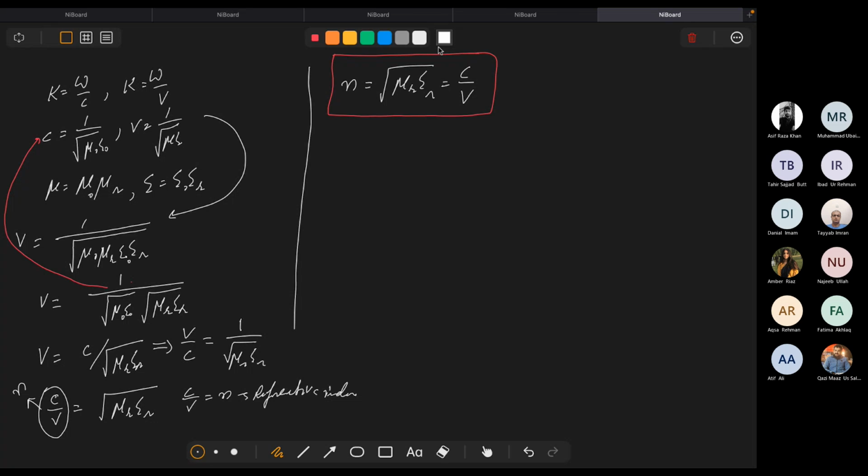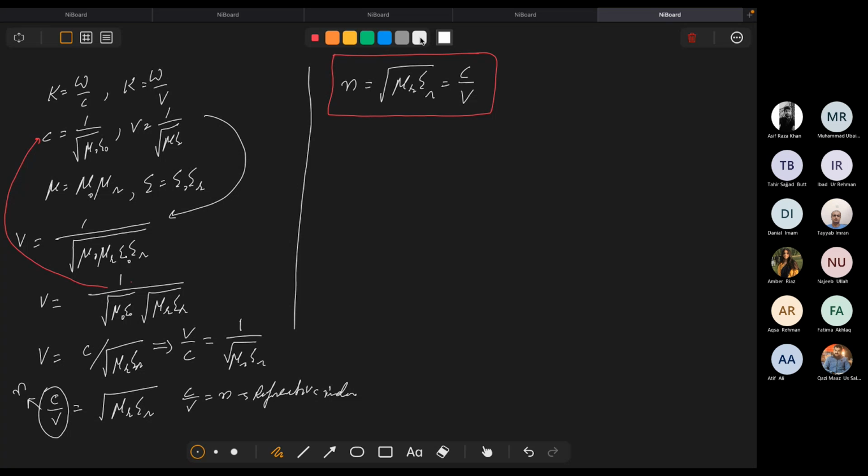Now we can convert these equations in different forms. Okay. And which we may need later on when we are solving something or deriving something.